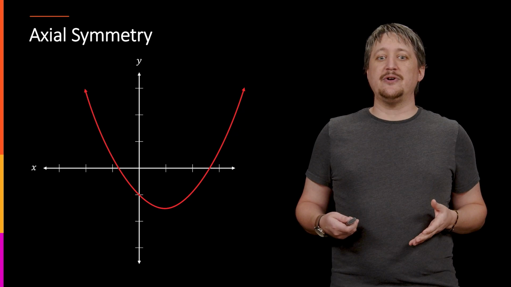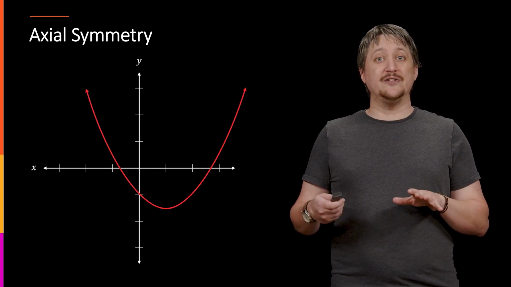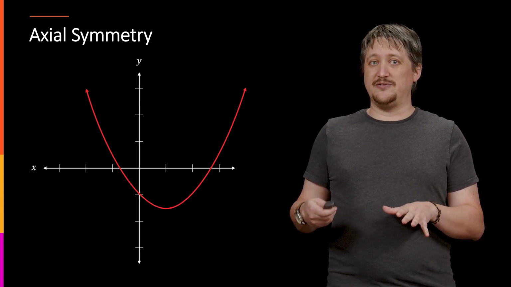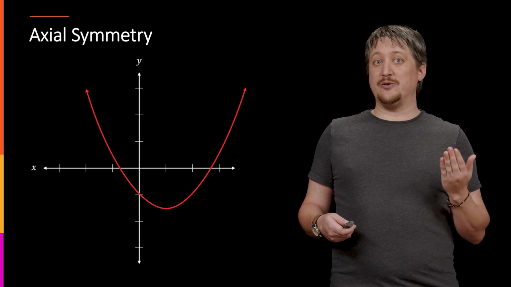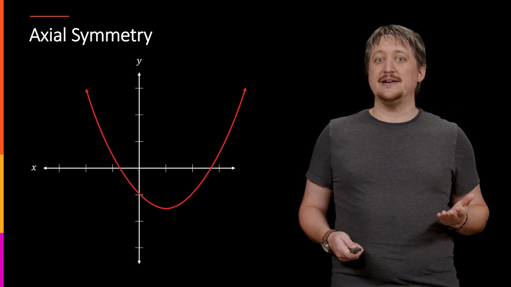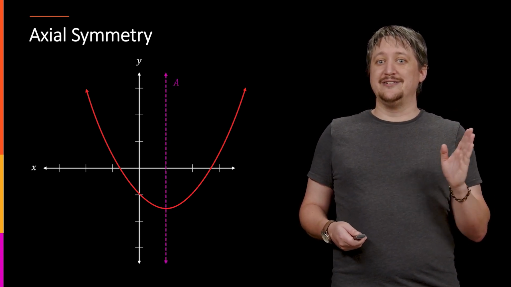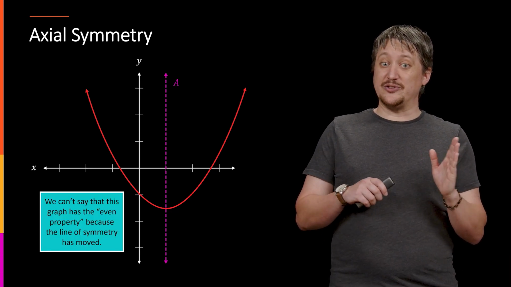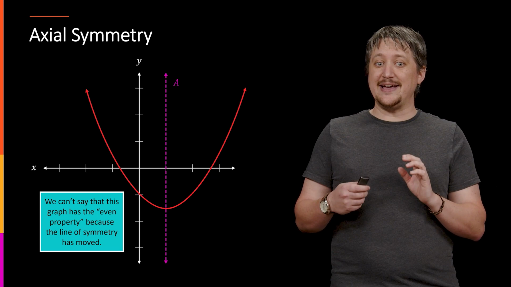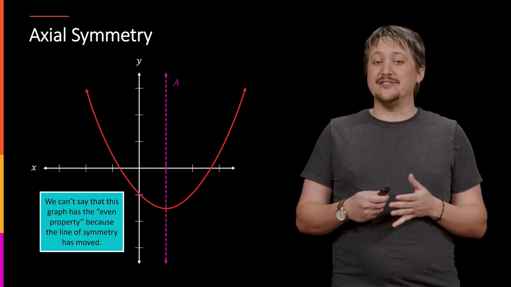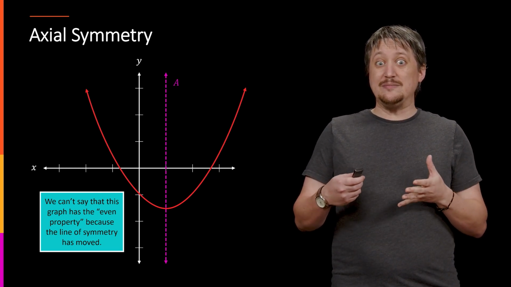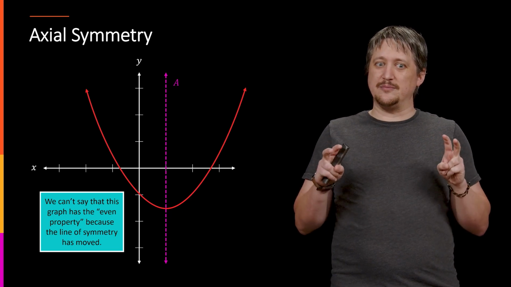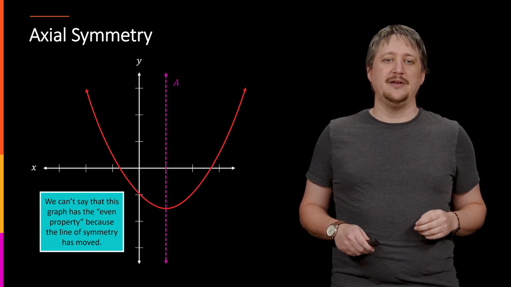But if I move it to the right, this is no longer an even type of symmetry, because if I tried to spin it around the y-axis, I wouldn't get the same thing back, because I've moved that line of symmetry. So I moved the line of symmetry to the right a little, and because of that, this is no longer the same kind of symmetry that generates this even property, okay?